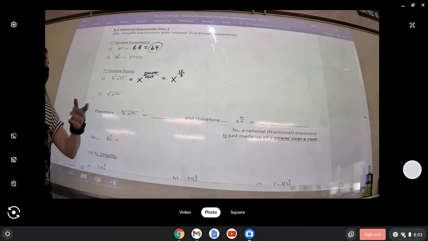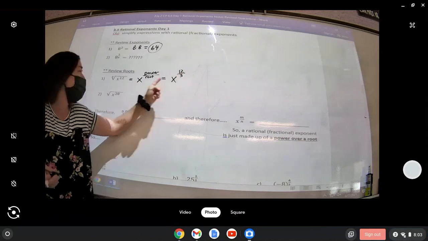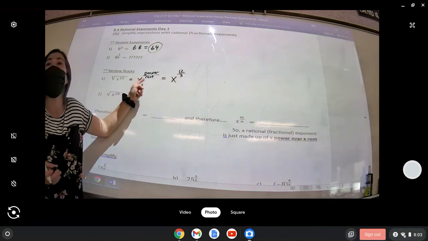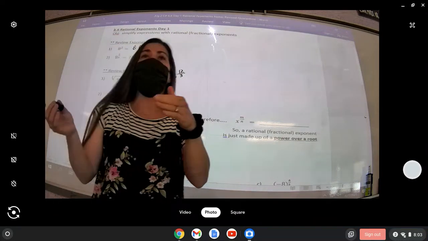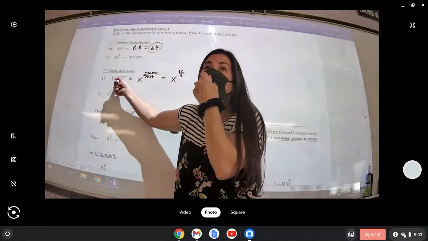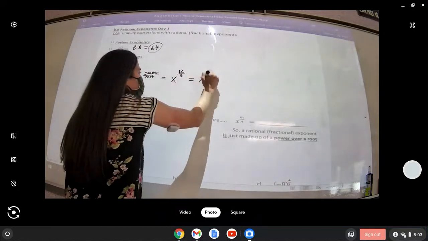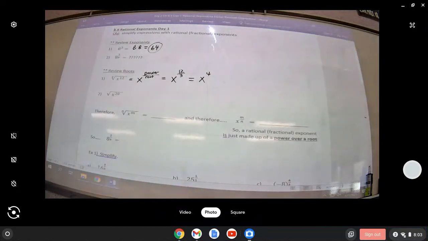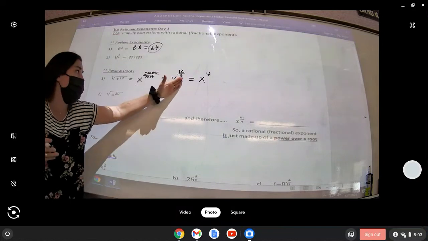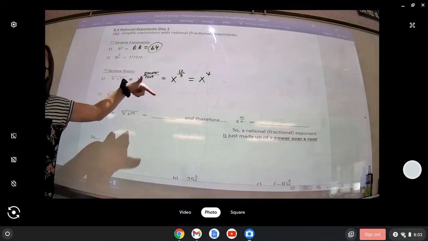So guys, in reality, a fractional exponent is literally made up of a power over a root. So you're going to be able to take a fractional exponent and turn it back into a root and a power. And then obviously we're able to simplify this to x to the 4th, okay? But if you have a fractional exponent, it's because you have a power being divided by a root.